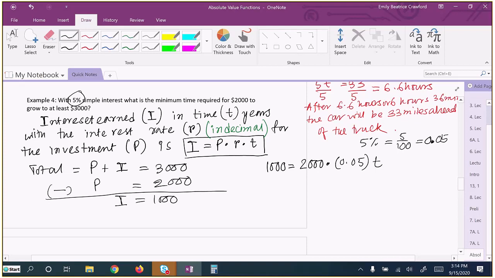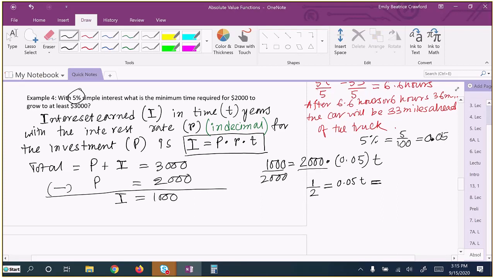It said what is the minimum time required, so I'm going to solve it for t. First we can divide both sides by 2,000. If we do so, I get 1/2 equal to 0.05t, which is 0.5 equal to 0.05t.